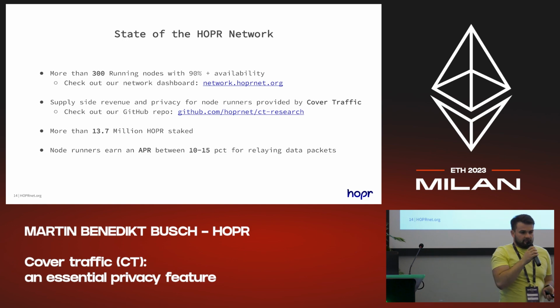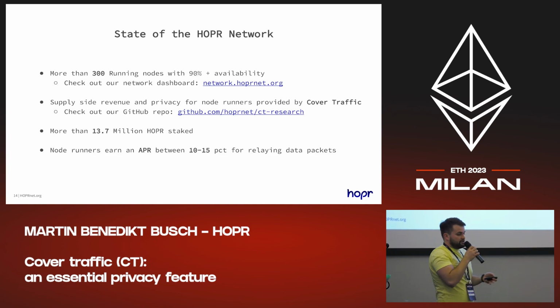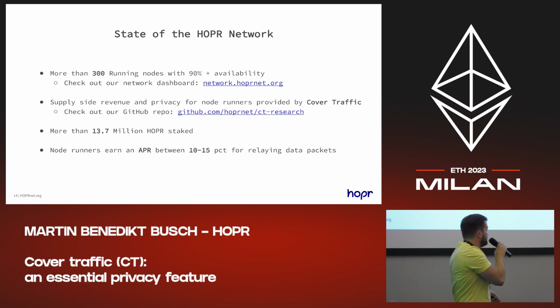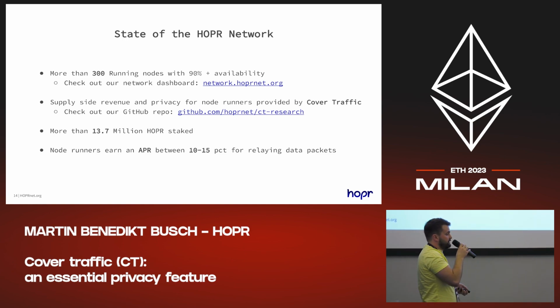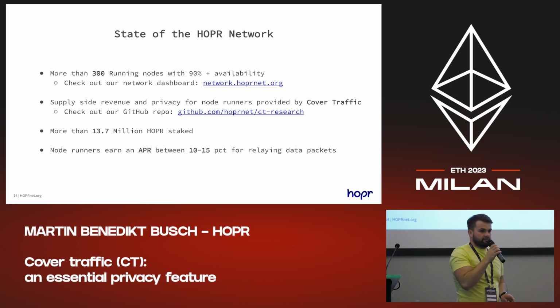The stake is one of the variables that determines how much cover traffic they get. A node that has more tokens gets a higher fraction of cover traffic. That currently leads to node runners earning an APR between 10 and 15% for relaying data packets in the network. That shows the incentivization, and that nodes actually earn a good share of profit currently.